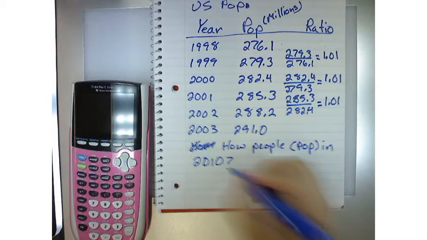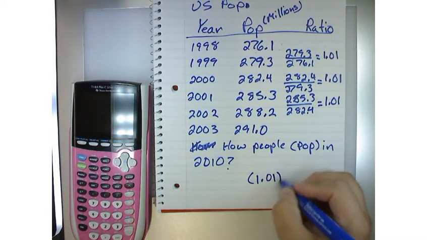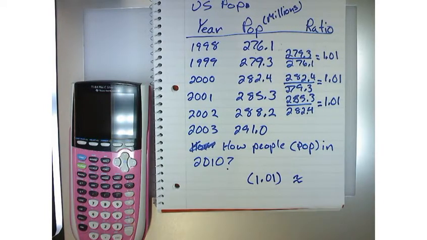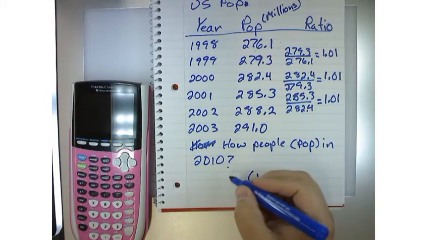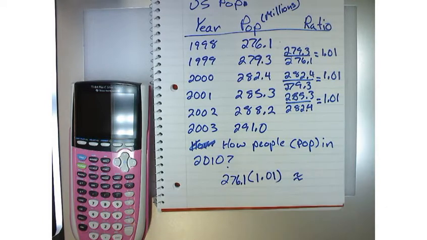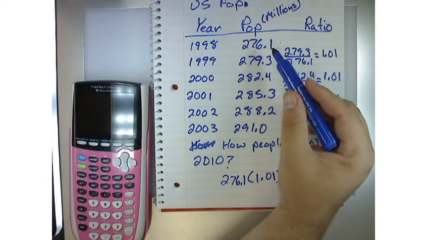Well, if I think that my base is 1.01, I'm going to raise that to a power, but I also need to have the initial condition. So my initial condition is going to be 276.1.